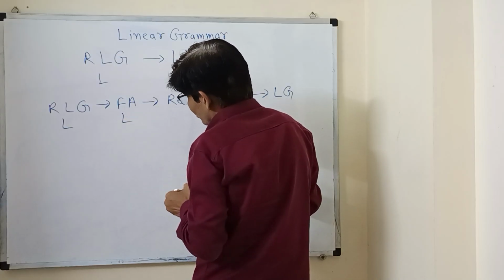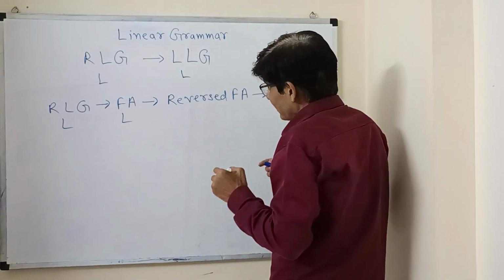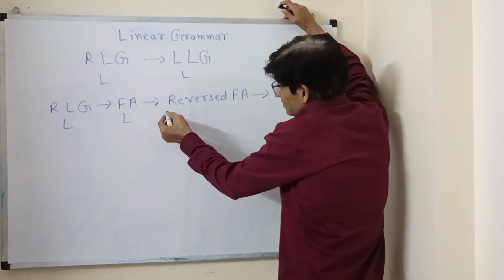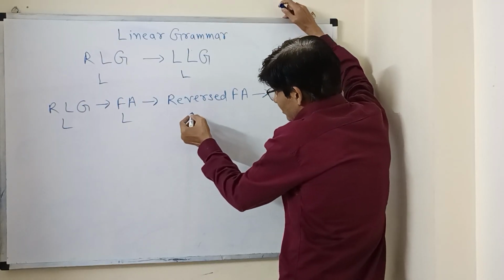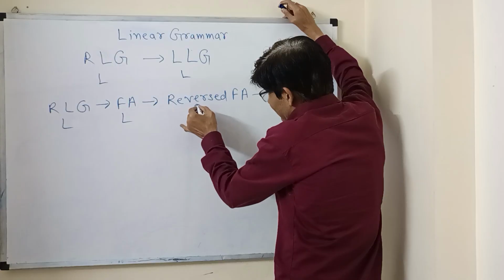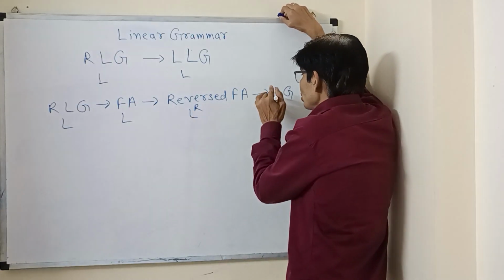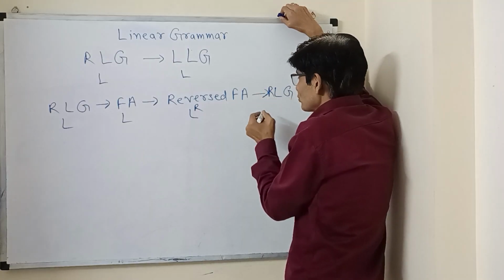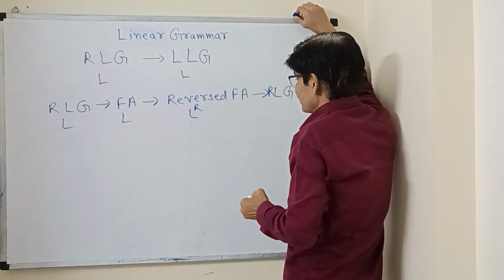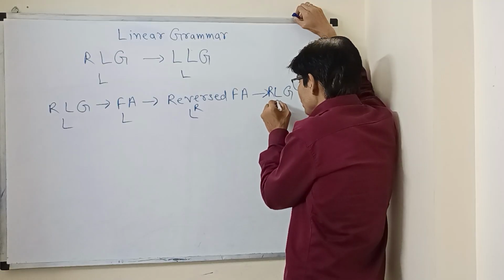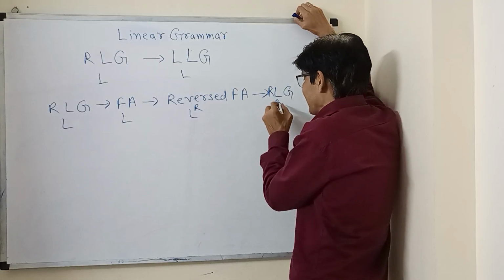If the language of this RLG is L, then the reverse of this would be LR. Then you convert it into an equivalent RLG, and this RLG will also generate LR.